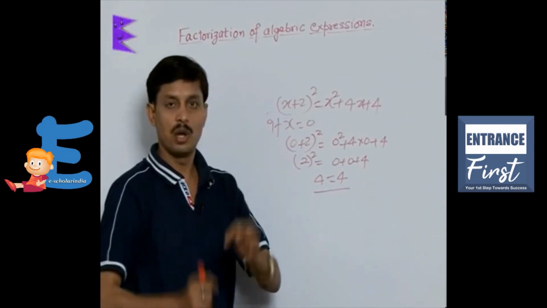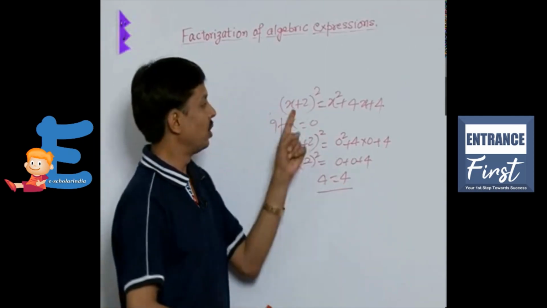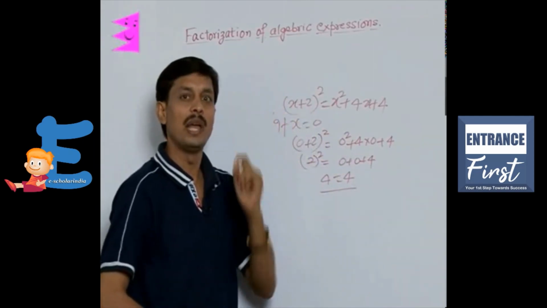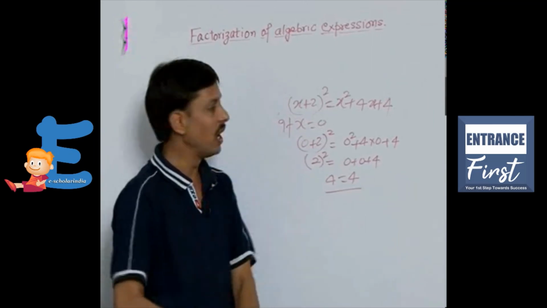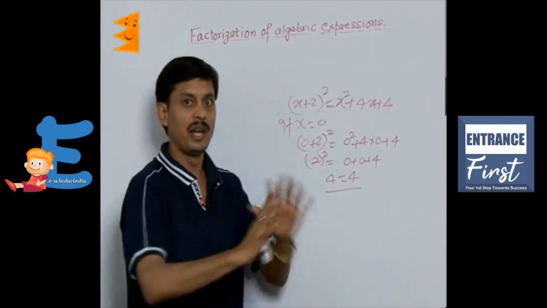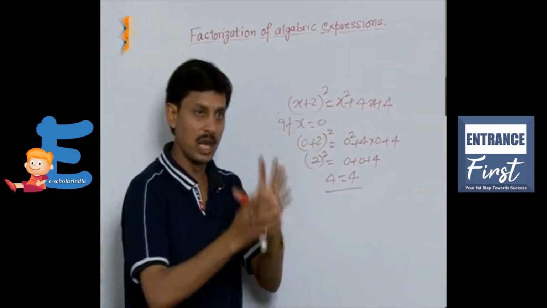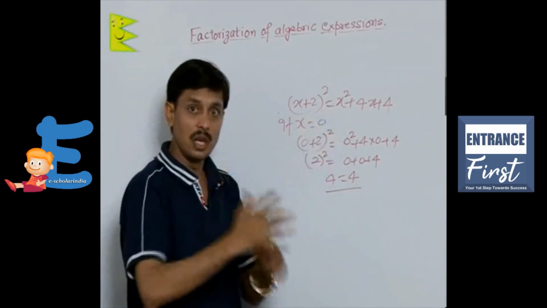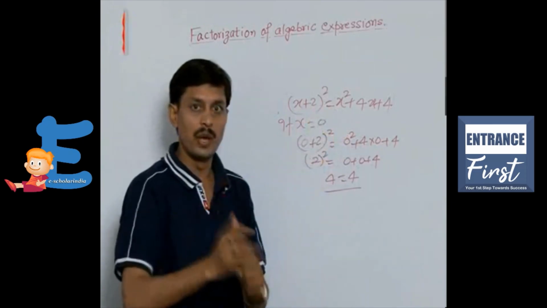Now it is at your own end that you can choose any real value of x, and put the same value in the left side and right side. You will find the answer is always the same. The answer is always equal. The relation is always verified.